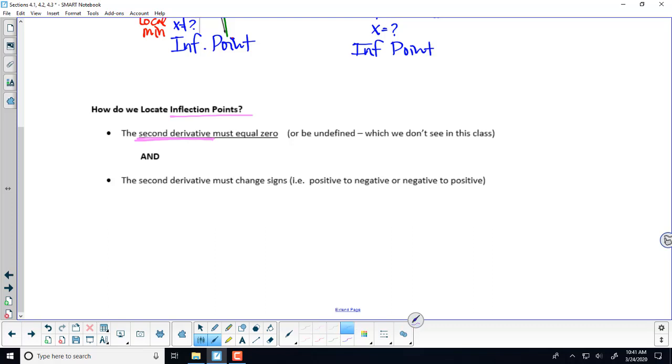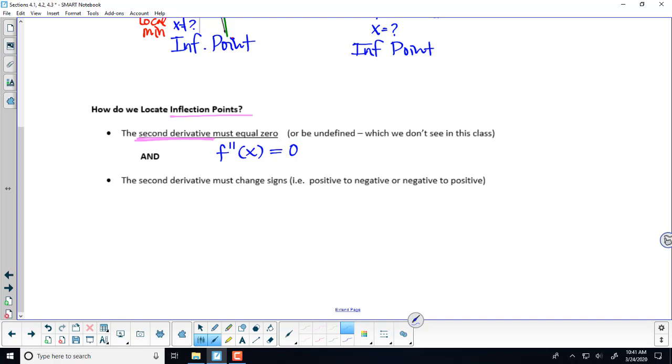We find the values where the second derivative is 0. So in order to have an inflection point, they have to be values of x that, when you put them into the second derivative, make it evaluate to 0, or undefined, which we talked about, but we will not see that in this course.